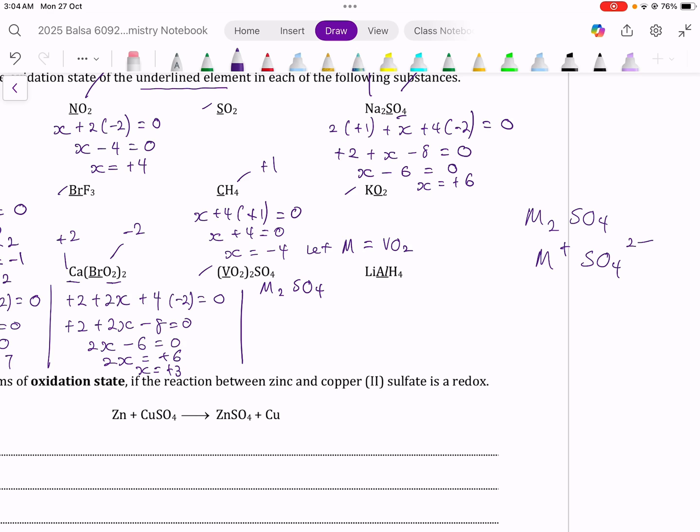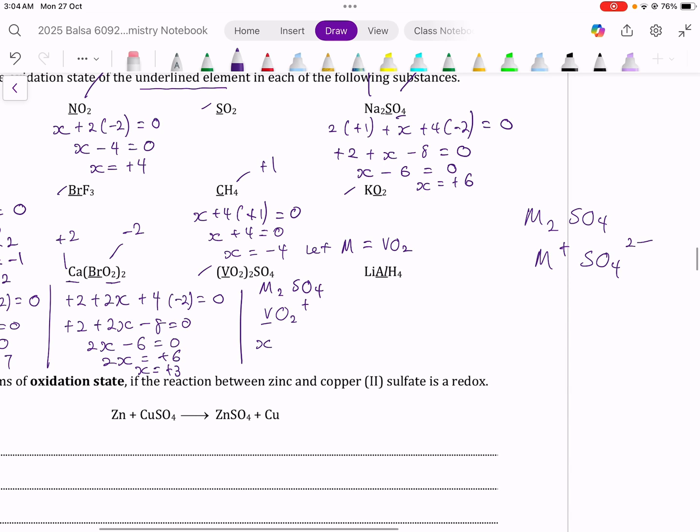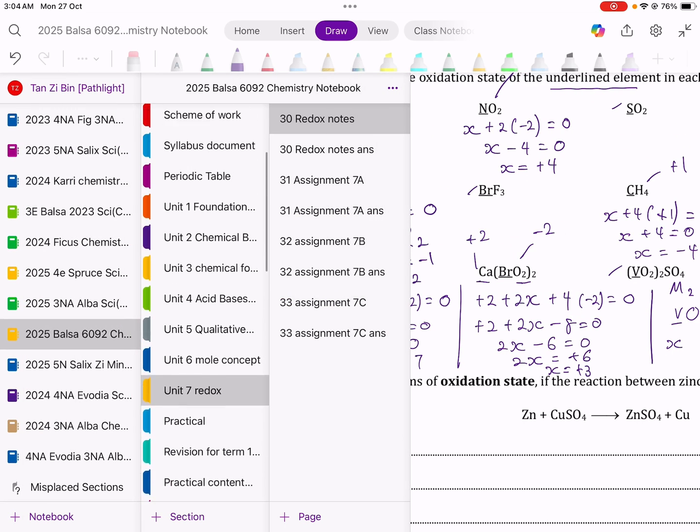So this is VO2 plus, basically the charge of this polyatomic. Then you work out the oxidation state of V, vanadium. There's this element with chemical symbol V, it's called vanadium in case you don't know.